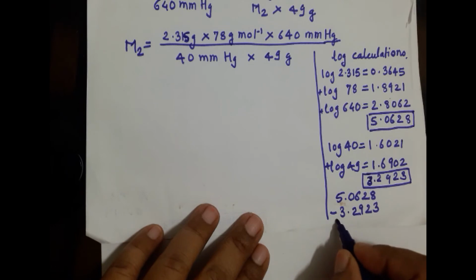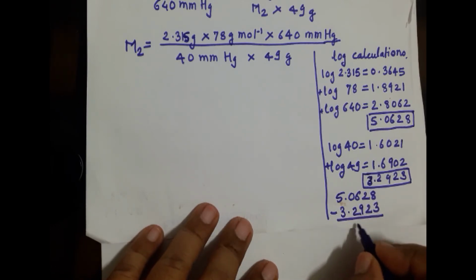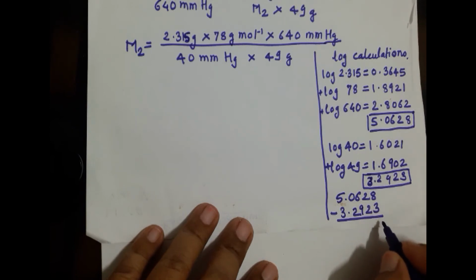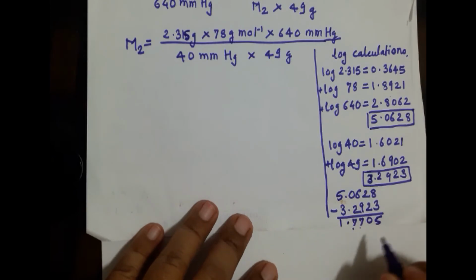So the answer is 1, 8 minus 3 is 5, 0, 7, 7 and 1.